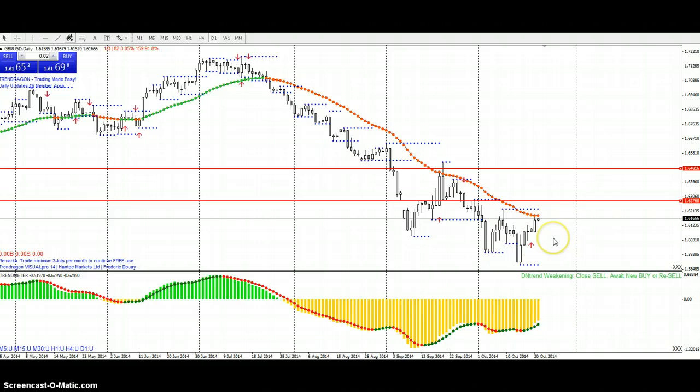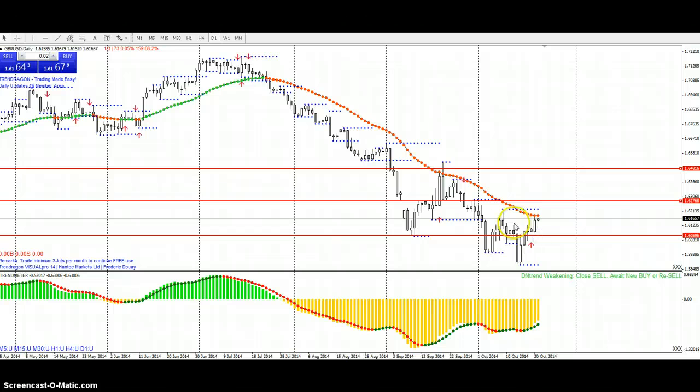So where would you enter? If you draw a line from here to here, and you can see that if it breaks that line, probably either at this level here, or to be even safer, at this level here, that would be probably a good entry on the short side.